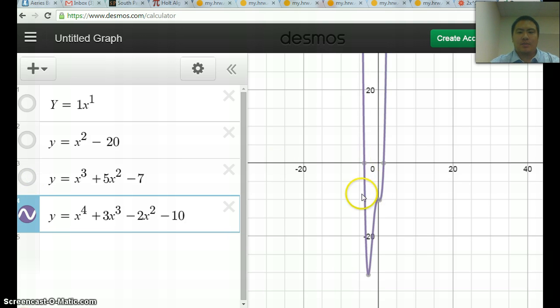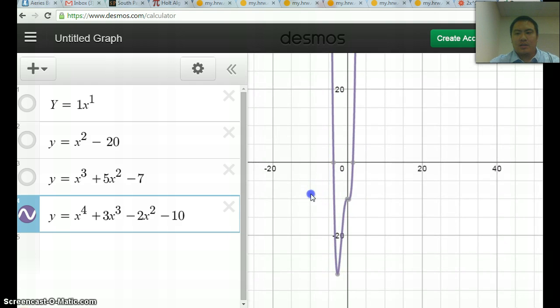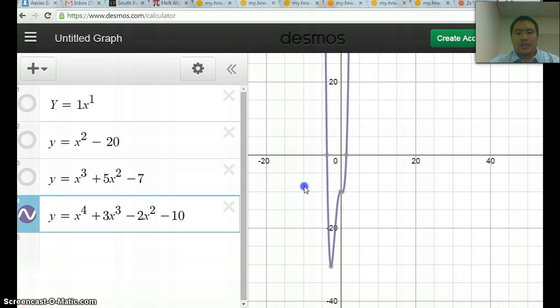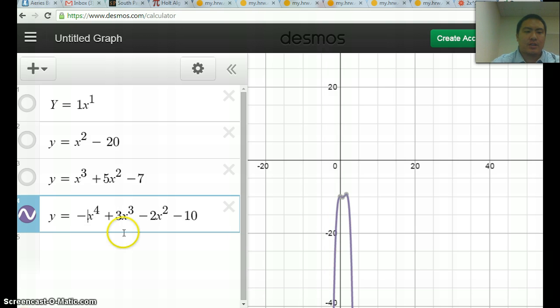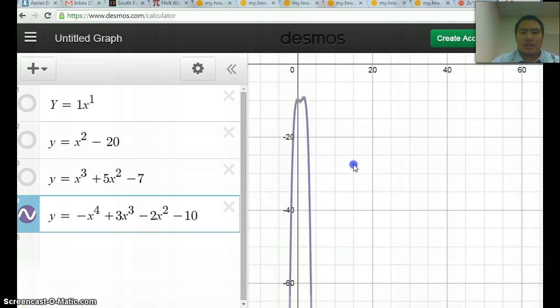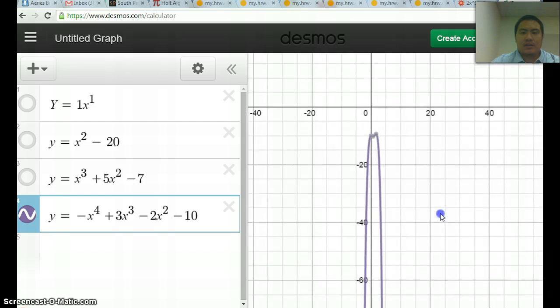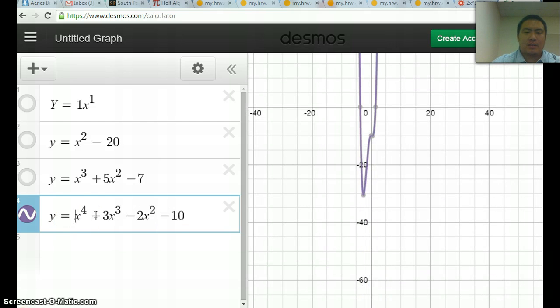This purple one is our even degree function, and we can see that in this situation the behavior again is like this. It ends up like this. And watch as I do this. If I put a negative leading coefficient on it, now look at the direction it goes. It now goes down, whereas if I get rid of this, it's going back up again.